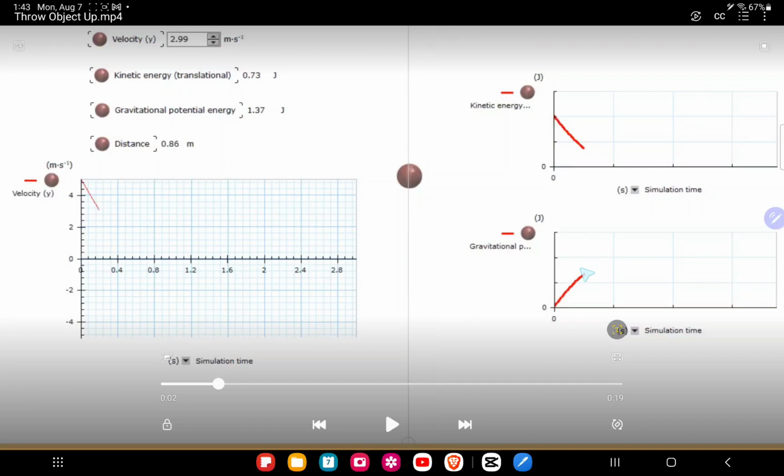On the other hand, the gravitational potential energy starts to increase because the height of the ball is increasing. When it reaches the maximum height, the kinetic energy will be 0 and the gravitational potential energy will be at its maximum value.